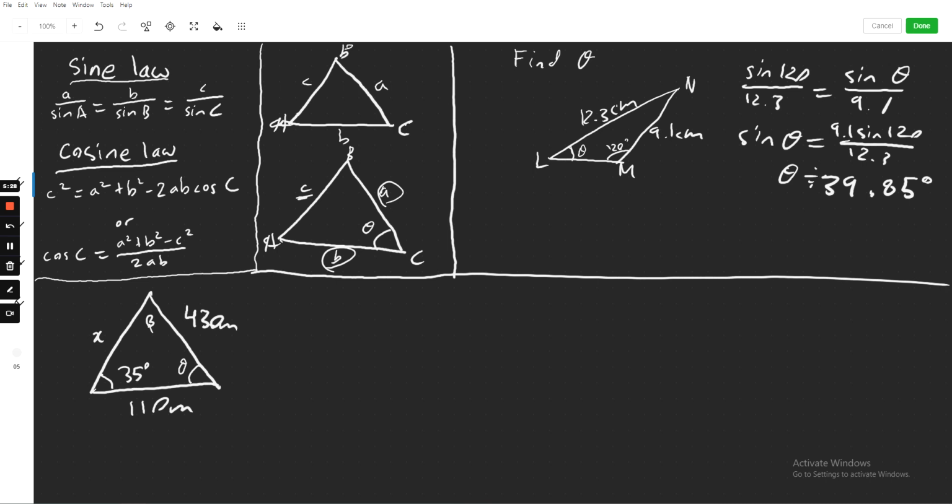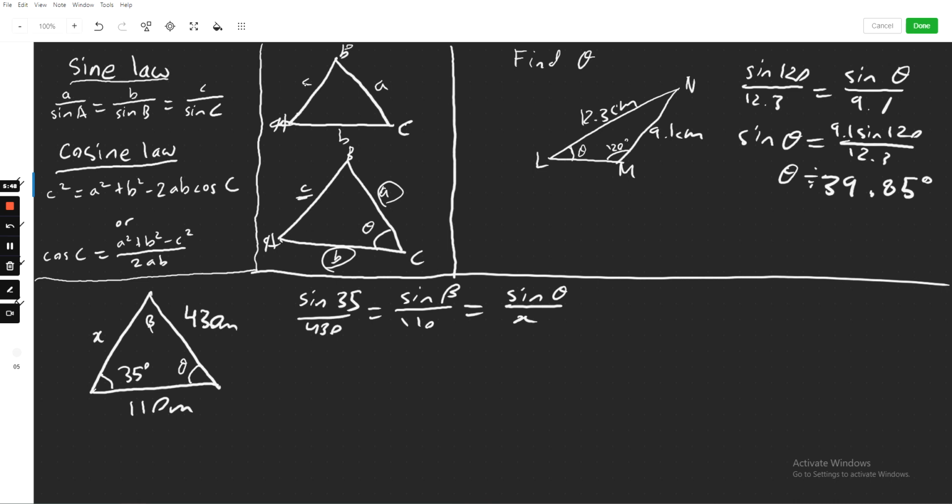So we do sine 35 over 430 meters is equal to sine beta over 110, which is equal to sine theta over x.